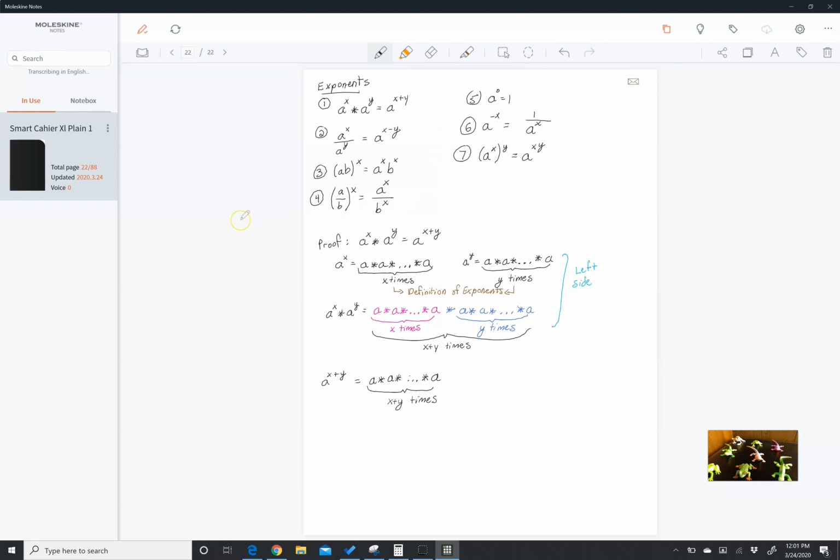So notice we're putting reasons in here, just so that when people look at our work, they can follow along and know where we're getting this information from. And this is the right side.